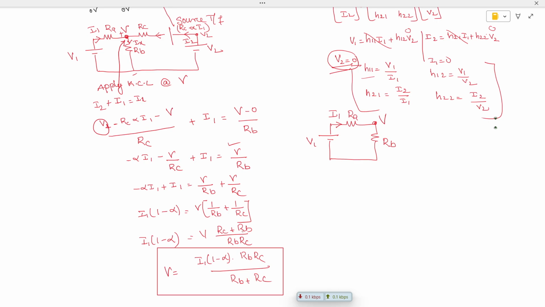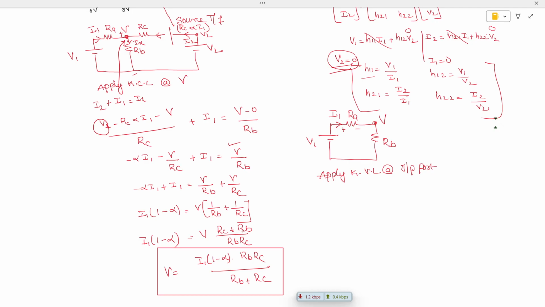So I need a link between V1 and I1. So I'm going to apply KCL at the input port. When you apply the KCL at the input port, apply KVL to link all the parameters.